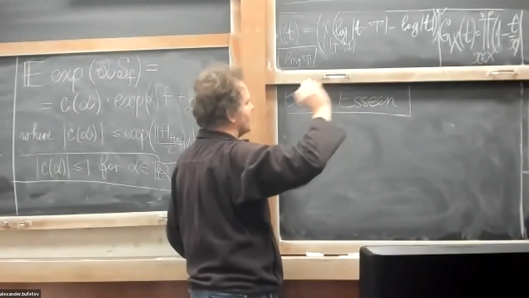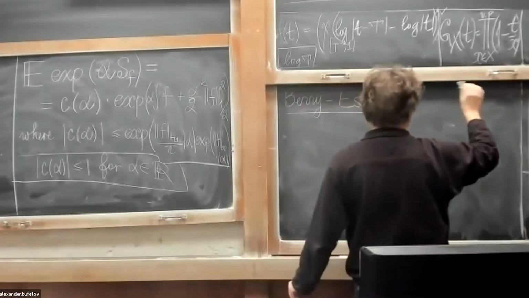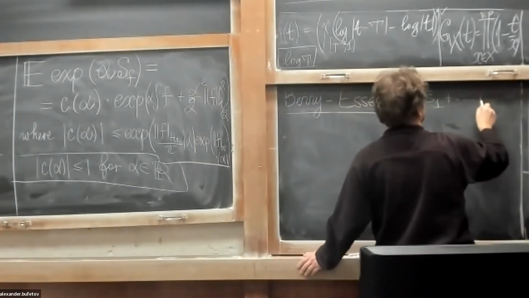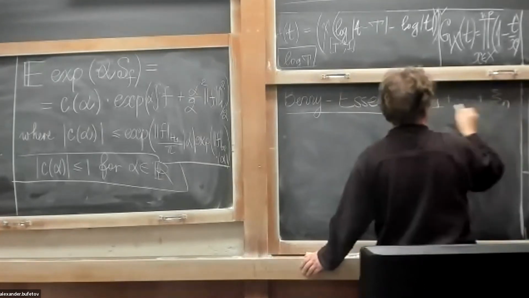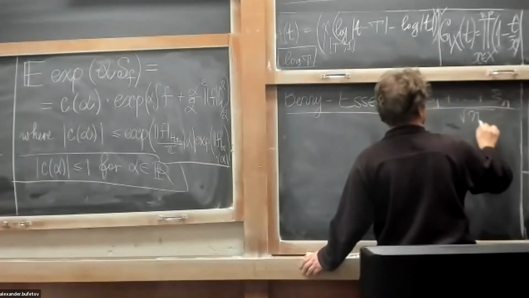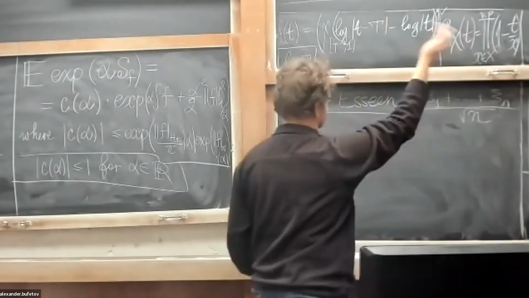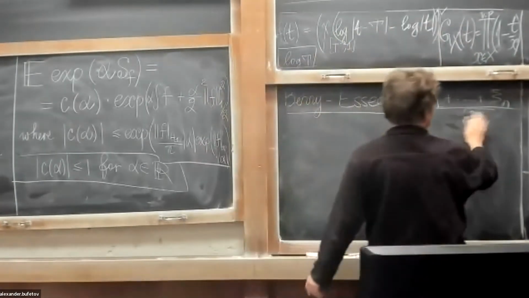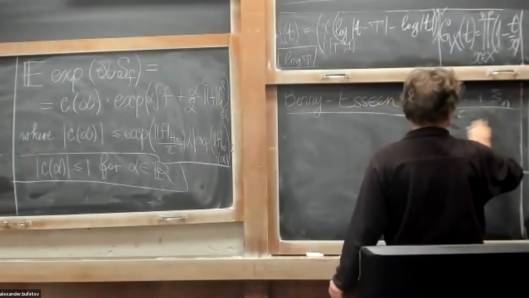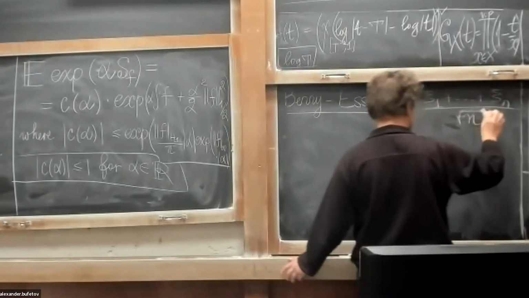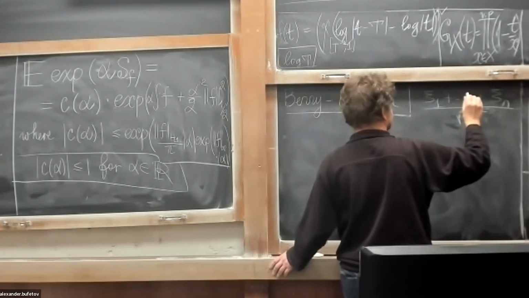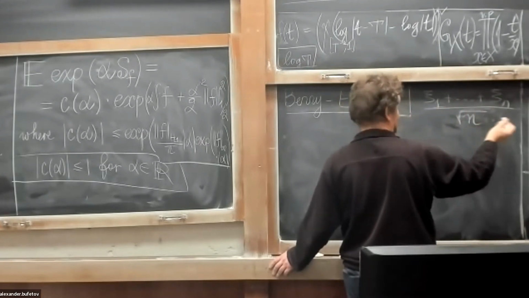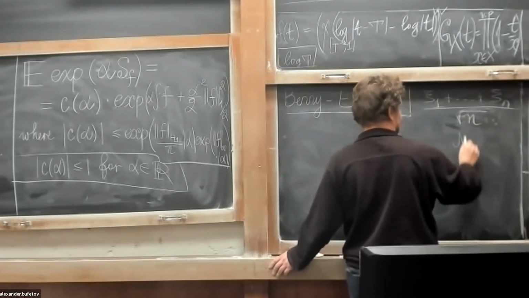So it says something about the Kolmogorov-Smirnov distance. I consider just the sum of independent identically distributed random variables over square root of n. I'm interested in the Kolmogorov-Smirnov distance between this and what it converges to, the standard Gaussian.